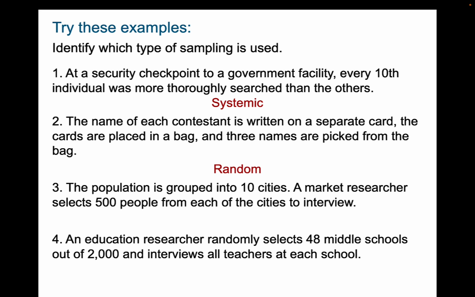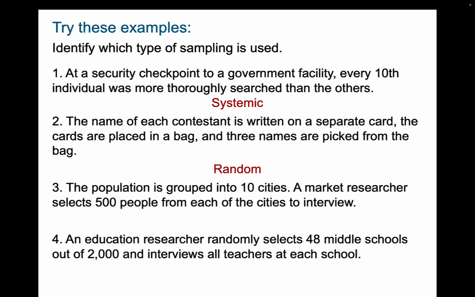Number 3, the population is grouped into 10 cities. A market researcher selects 500 people from each of the cities to interview. Okay, look back a slide, look at the graphics, try to think about this one. Hint, start with a sampling method that groups into 10 different cities or 10 different groups.